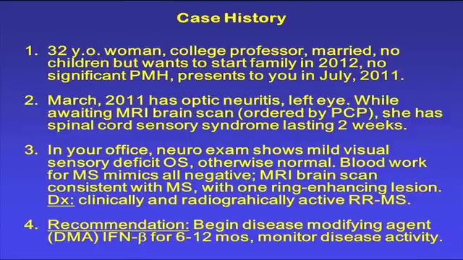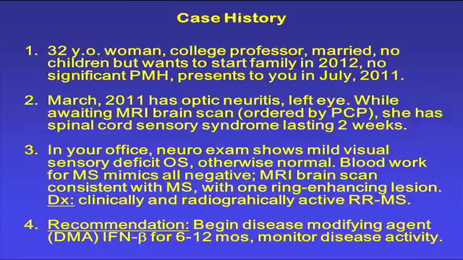In March 2011, 4 months before she saw you, she had optic neuritis in the left eye. Her primary care physician ordered an MRI brain scan, and while she was waiting, she had a spinal cord sensory syndrome lasting for 2 weeks.